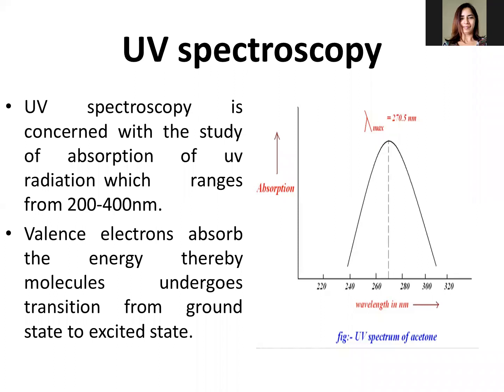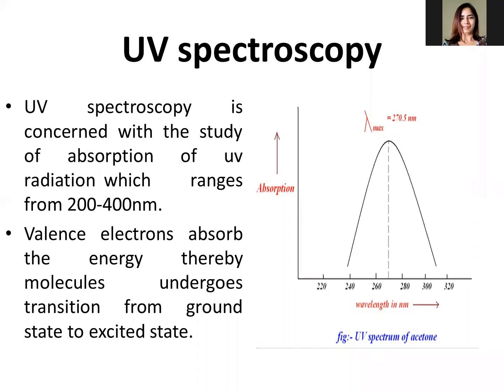Thus, UV visible spectroscopy is a sort of absorption spectroscopy. It uses light in the visible and adjacent regions, that is, the ultraviolet region also. In this case, atoms and molecules undergo electronic transition.